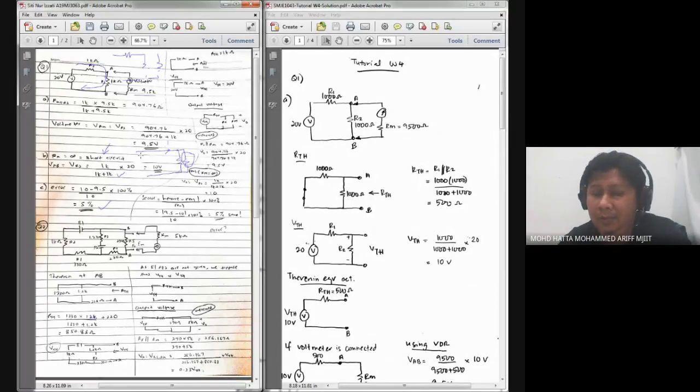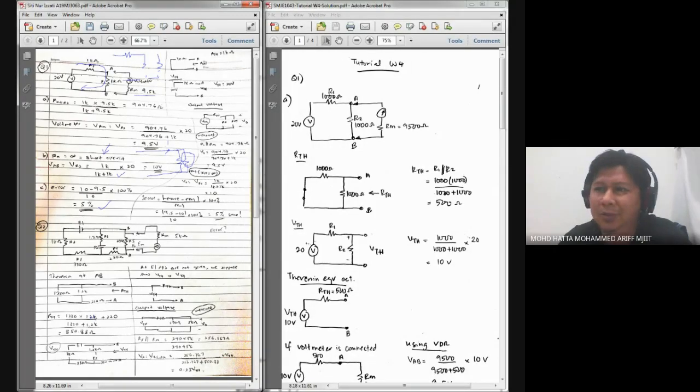But I'm afraid that if this circuit is more complex than this, let's say we have two values of voltages, maybe we have a combination of voltage and current source over here, it's not that easy that you can find like this.